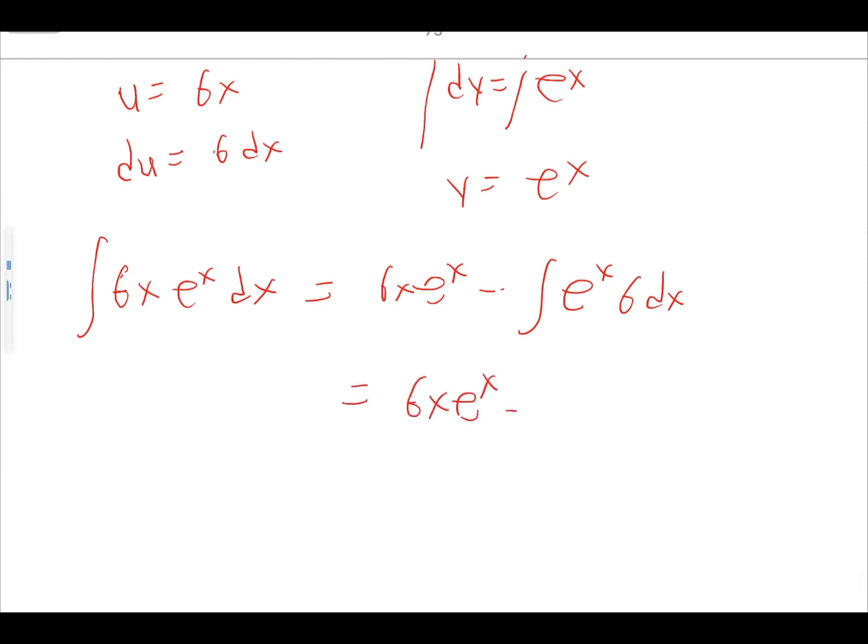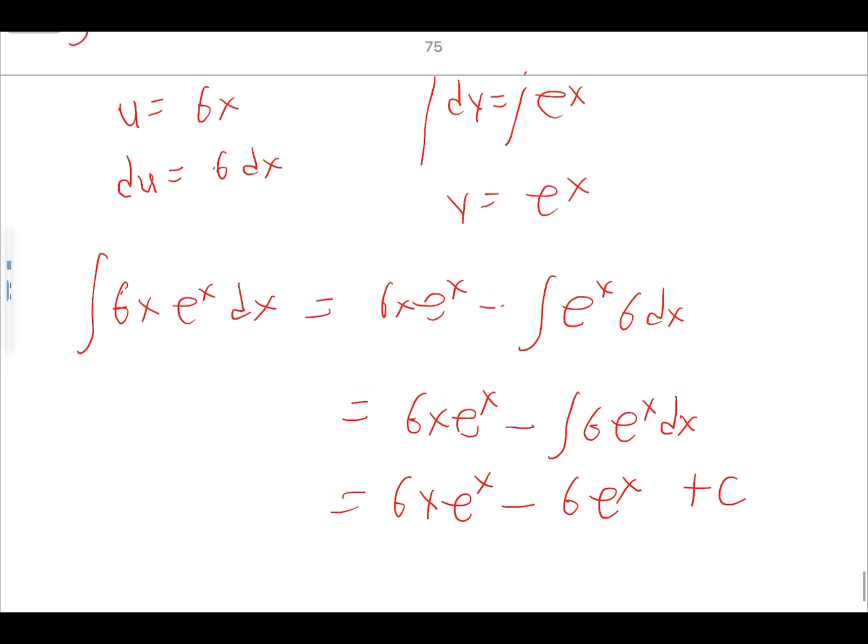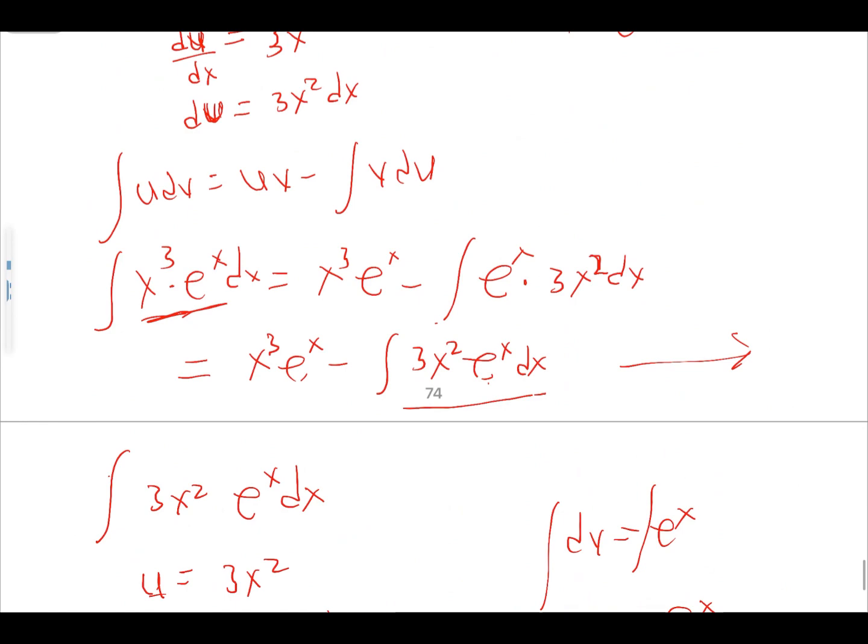In simplification, we are going to get 6x e^x minus the integral of 6 e^x dx. So the integral of 6 e^x dx becomes 6 e^x. We are going to get 6x e^x minus 6 e^x, and then don't forget your plus c.